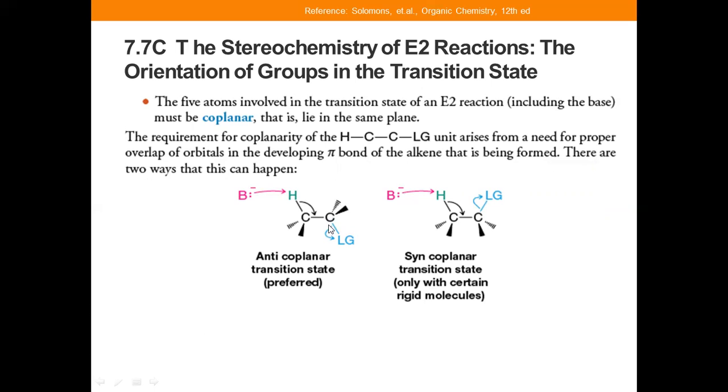This is your carbon, this is your alpha carbon. Why can't we abstract your proton? The reason is it's impossible to abstract the proton because it's hard to stabilize the developing positive charge of the carbon. It cannot stabilize by itself, and remember that we already have the leaving group that will leave this carbon. Okay.